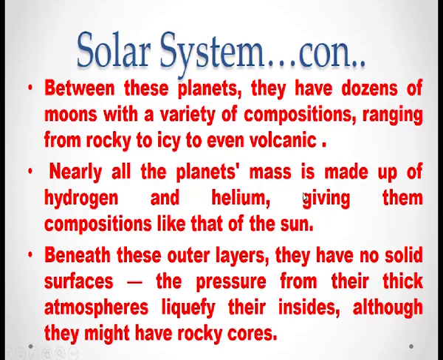Beneath these outer layers, they have no solid surfaces because the pressure from their thick atmospheres liquefies their insides, although they might have rocky cores. The reason for the non-existence of solid surfaces in the outer planets is the pressure from their thick atmosphere.